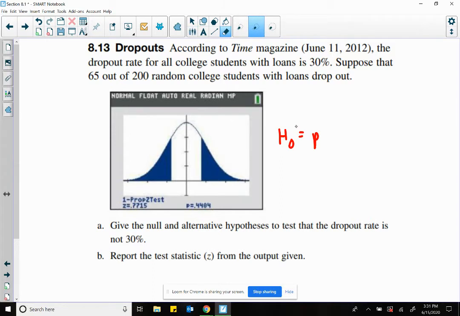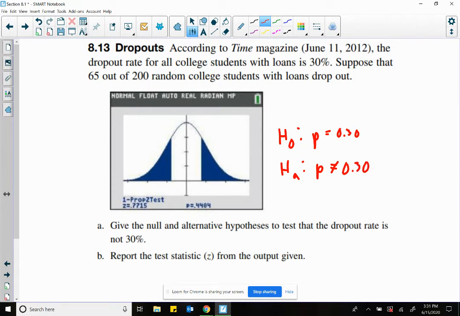So the null is P equals 0.30. That means the alternative, because this is two-tailed, that gives you the one and only one idea that this thing has to be not equal, because not equal has two tails. So there is part A.